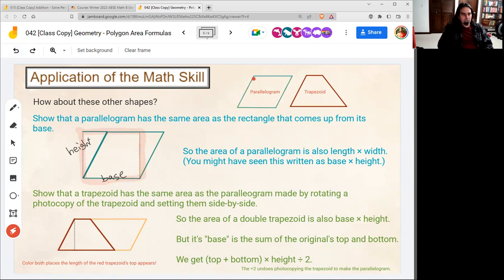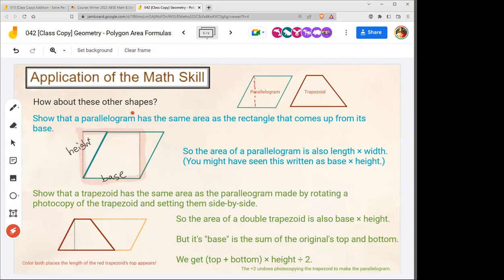So instead, what you need for the parallelogram is its height. Why do we need that height? Because that's the height of the rectangle that we're making out of it. Anyone want me to say that in different words?